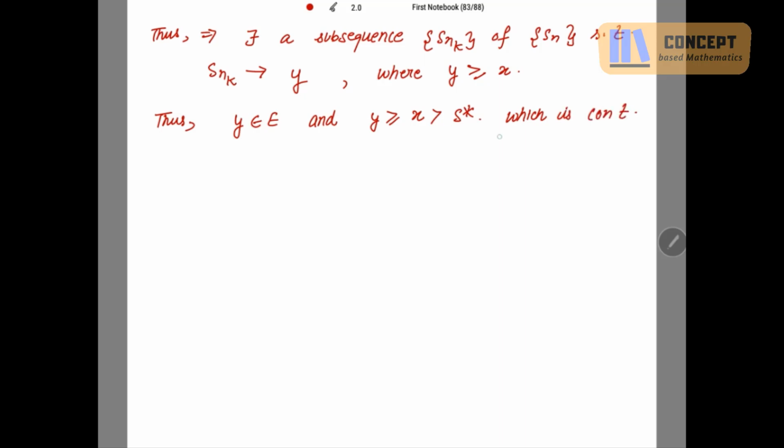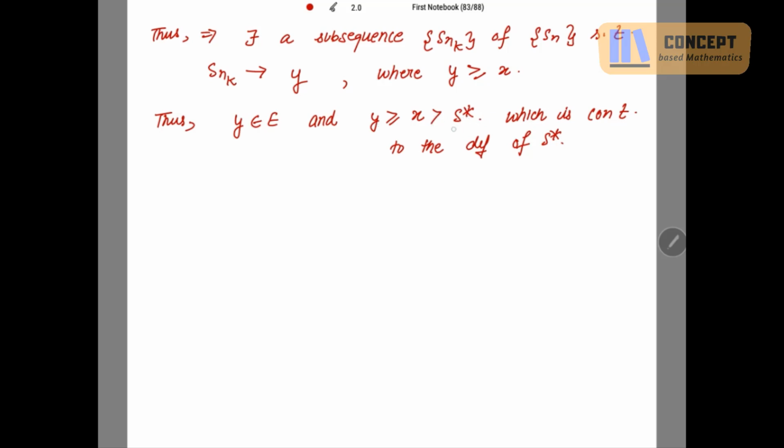It is a contradiction to the definition of S star. Why? Because S star is the supremum of E. That means if Y is a subsequential limit, S star is also belonging to the set of subsequential limits of Sn, but S star is the supremum limit, and here it is saying that Y is strictly greater than S star.